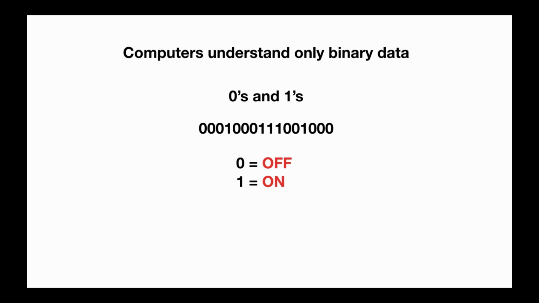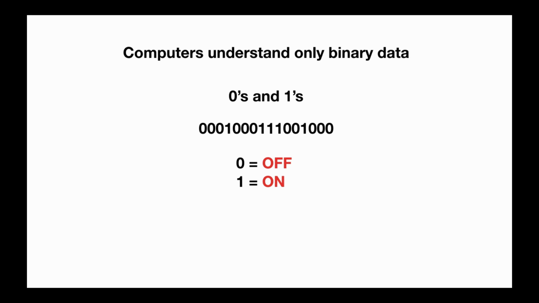And if you have no idea why I'm talking about off and on here, then trust me, when it comes to the lowest level of computing, all we can do with computers is literally turn the switches inside them off and on. That's it. That's all we can literally do with any computer.